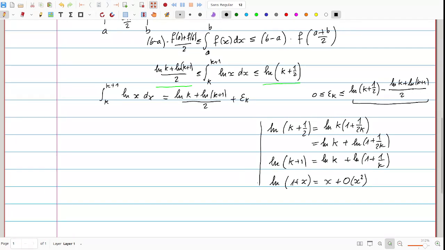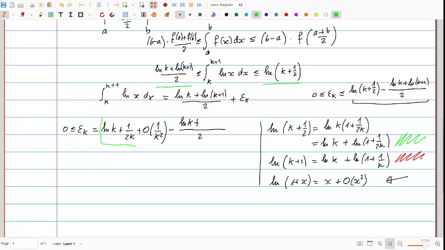Okay, so what we get is that epsilon k is positive and is something like, just plug in, the logarithm of k plus, we use this formula here, and we use also the Taylor expansion, so we get 1 over 2k plus big O of 1 over k squared, and then we have minus, divided by 2, the logarithm of k plus, and again we now use this second formula here.